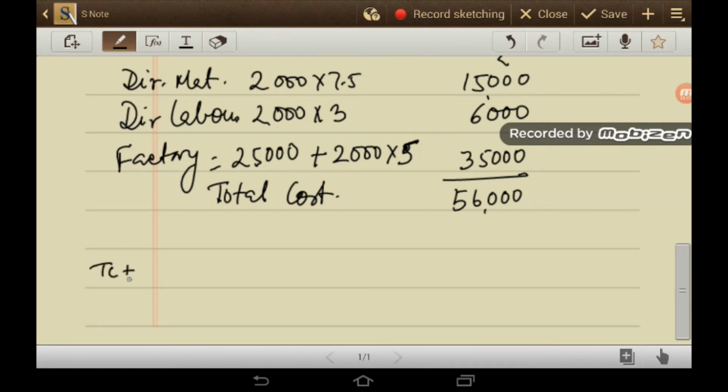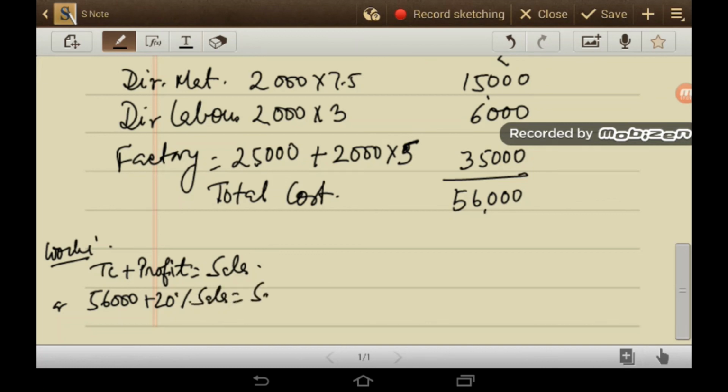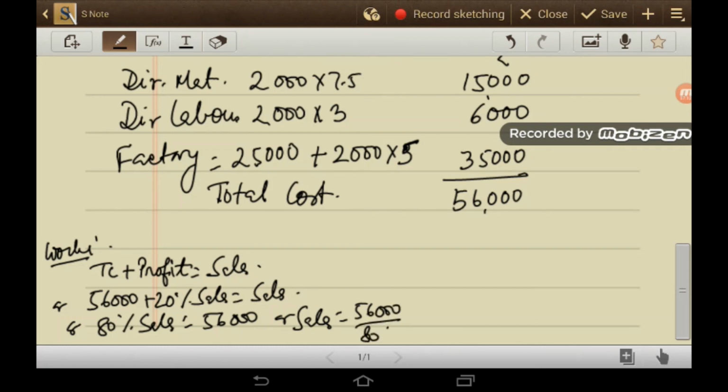Total cost plus profit is equal to sales. Your total cost is 56,000 and profit is 20% on sales. So 80% of sales is equal to 56,000, or sales will be 56,000 divided by 80%, which comes to 70,000.